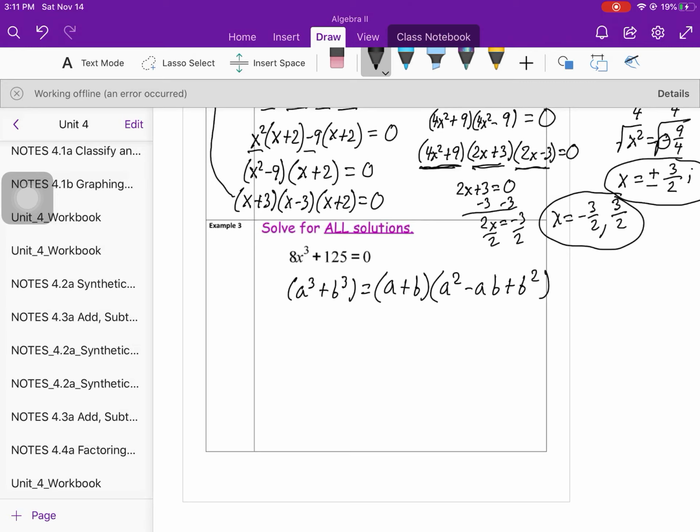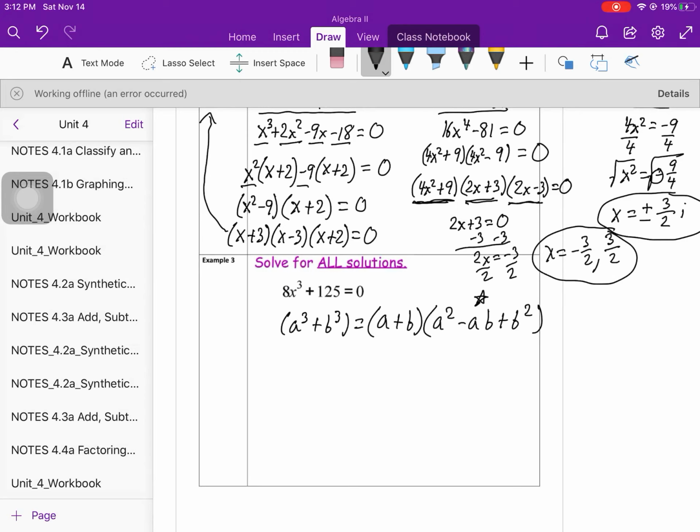So I'm going to let you figure out what a and b are, fill out that, solve for the different answers. But remember, for this part here, once you get it broken down, you're not going to be able to factor it. You're going to have to use the quadratic formula because you're going to get imaginary solutions. So just keep that in mind. All right, go ahead and do that problem and submit your notes when you're done.